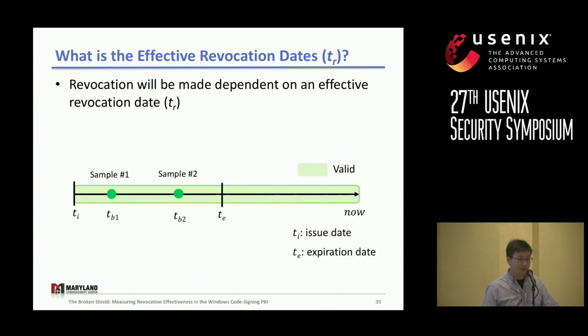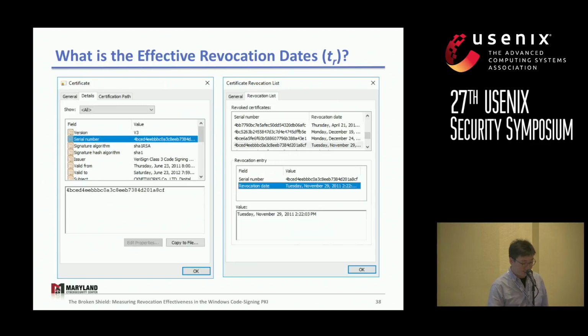So here, there are 2 samples, sample 1 and sample 2, properly signed before the expiration date, and they have a properly trusted timestamp. If the CA sets the effective revocation date, TR, then sample 2 becomes invalid, however, sample 1 is still valid because sample 1 was signed before the effective revocation date. Here's an example. You can see that the serial number is found in the CRLs, which means the certificate was explicitly revoked.